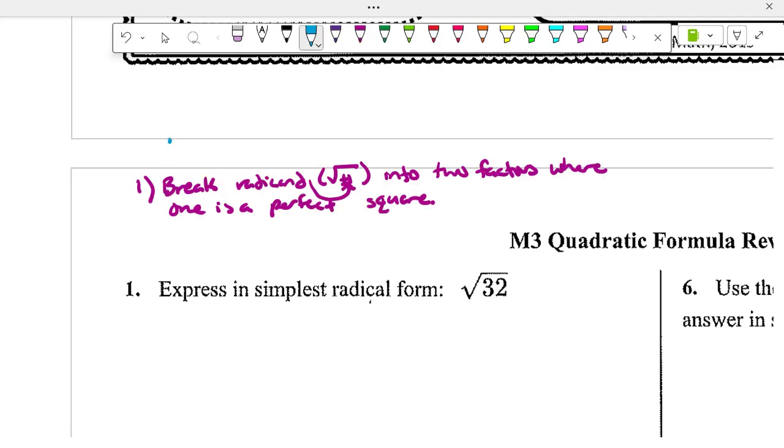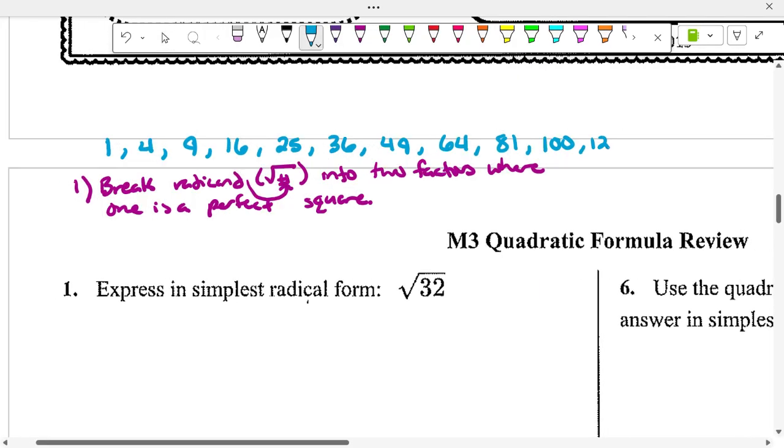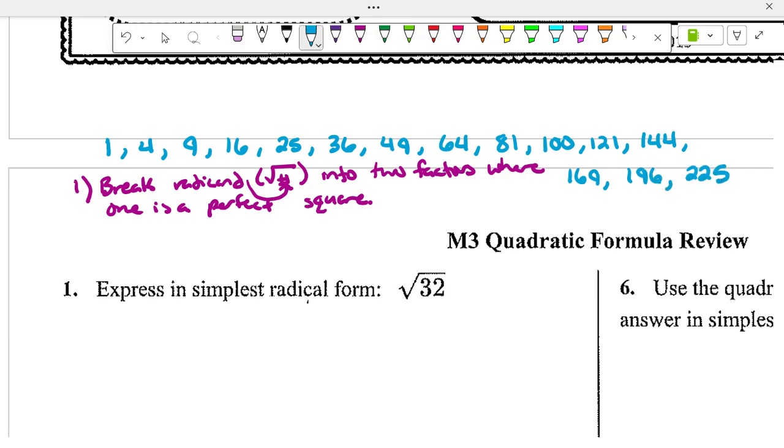So perfect square numbers are 1, 4, 9, 16, 25, 36, 49, 64, 81, 100, 121, 144, 169, 196, 225, and they keep on going.